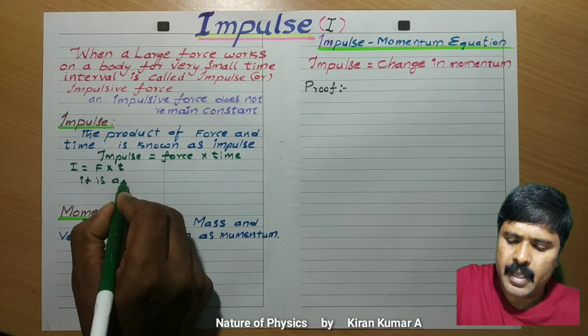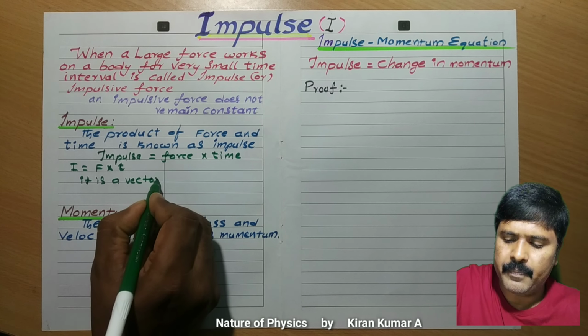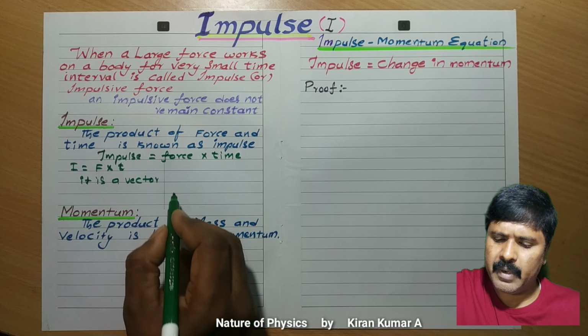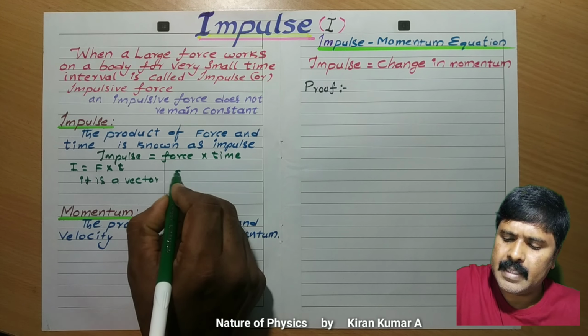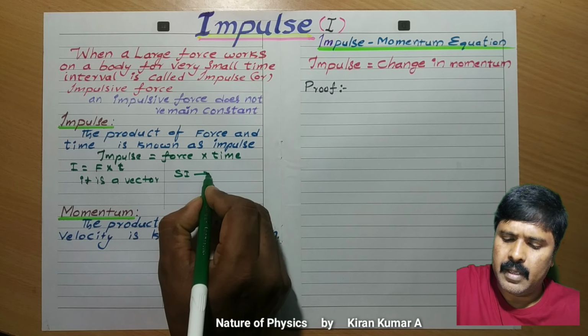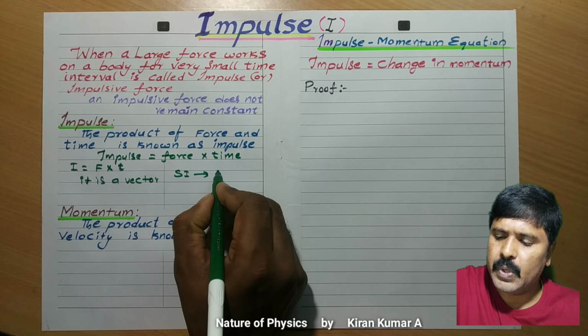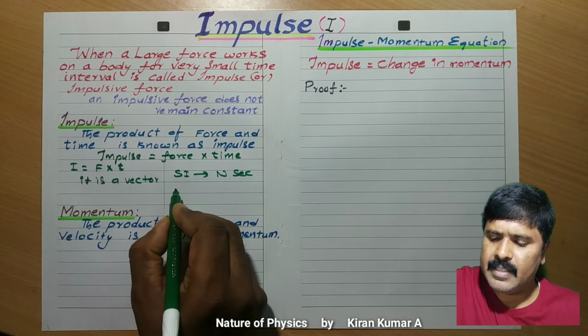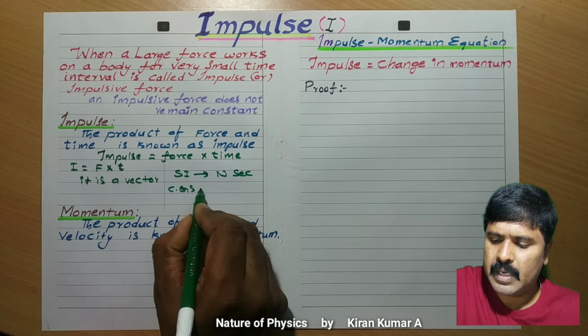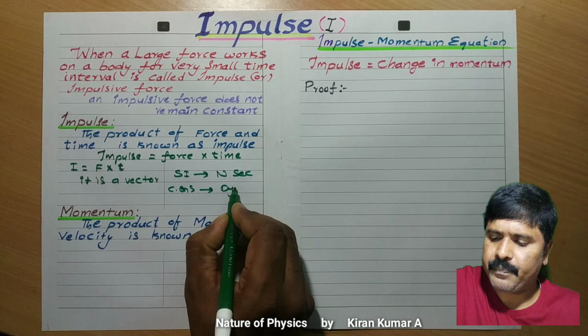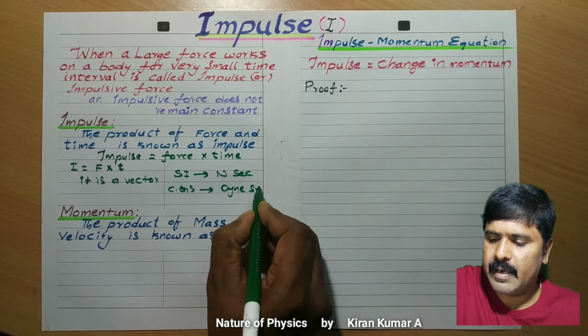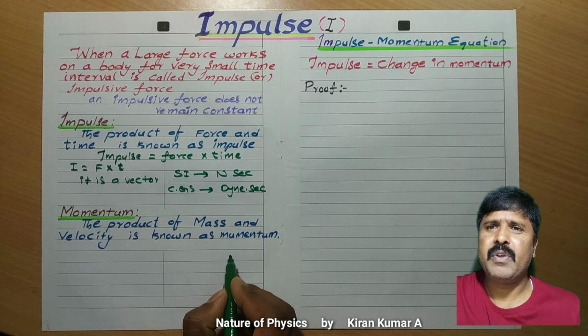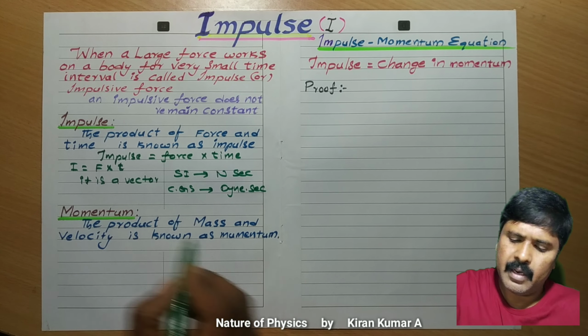It is a vector, and its SI units I am writing, student. SI units: force is Newton and time is second. And CGS unit, student, dyne second. And the dimension formula also we can write here.